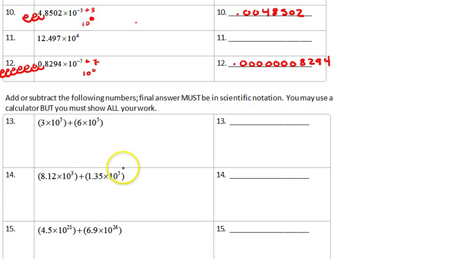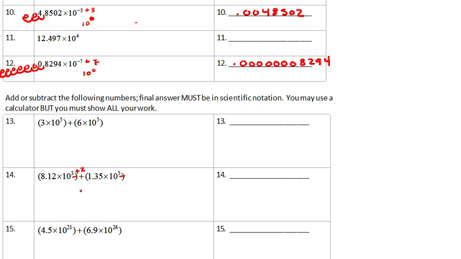The problem is, to add them, these numbers or exponents have to be the same. So I need to convert one of these. You usually want to convert to the larger number. In this situation, it's the 5. So I want to convert 3 to a 5. So I'm going to add 2.